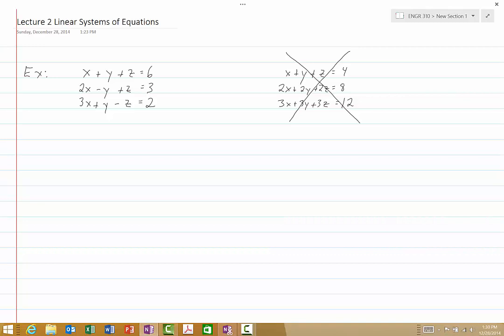And so what we're going to begin this lecture with is a discussion of a systematic way of solving, or at least trying to solve, a system of equations. And the idea that we're going to be talking about is called Gaussian elimination.